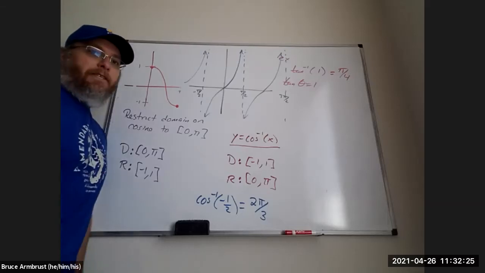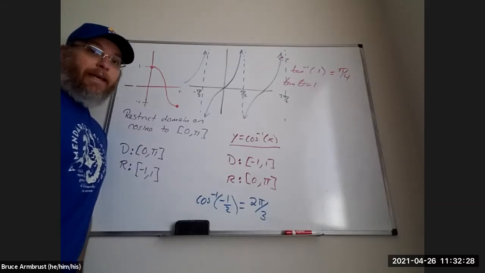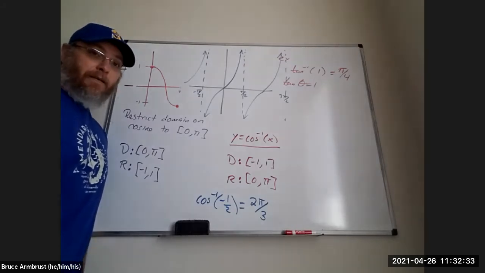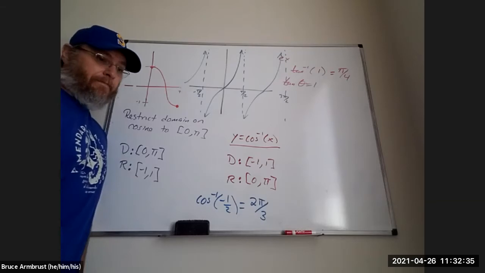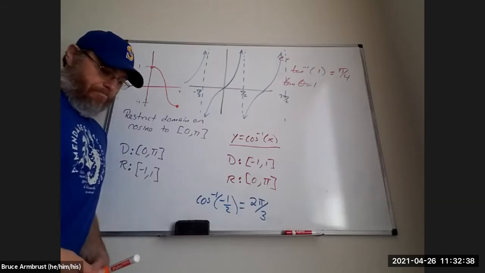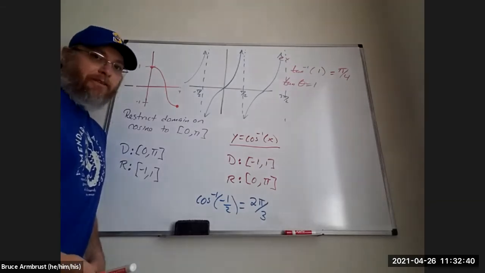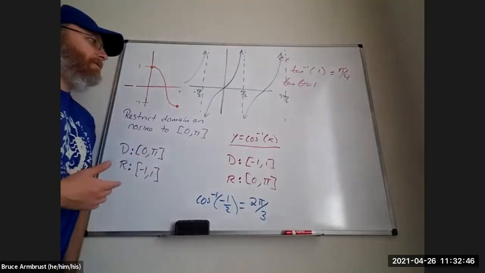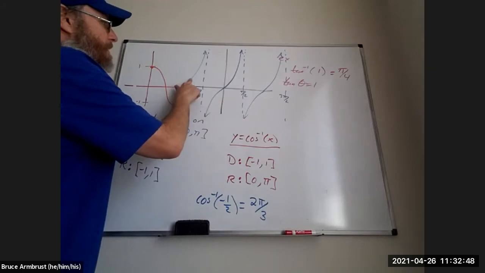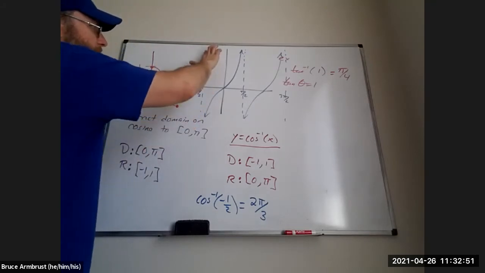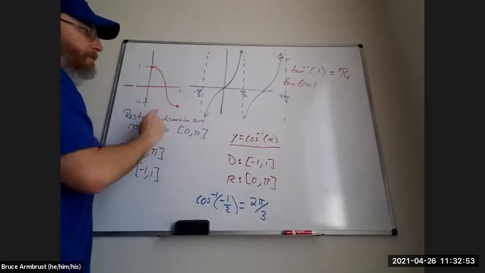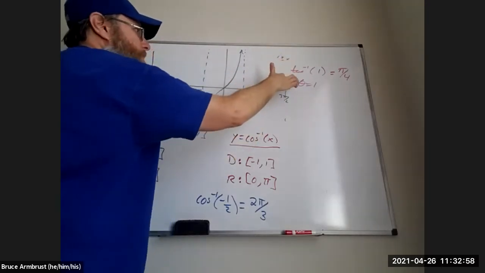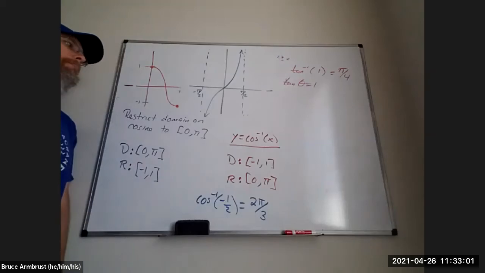All right, so we need to do the same thing. We need to restrict this in such a way that we get every one of the values out at exactly one time. Now there are lots of ways we can do this, but the one that was chosen was this. We're going to eliminate everything that's to the left of minus pi over 2, and we're going to eliminate everything that's to the right of pi over 2.